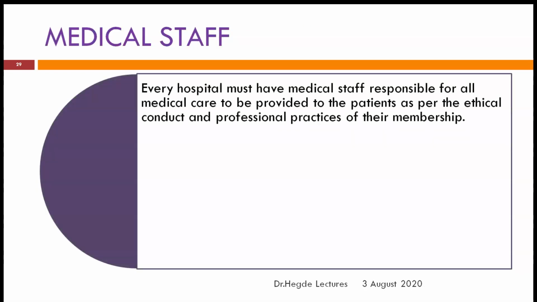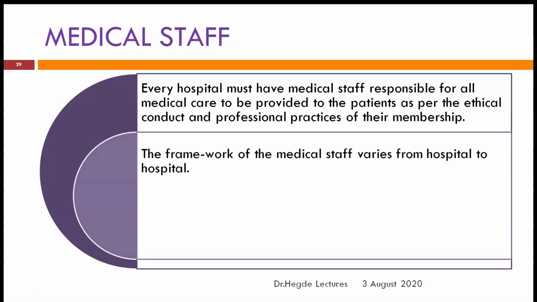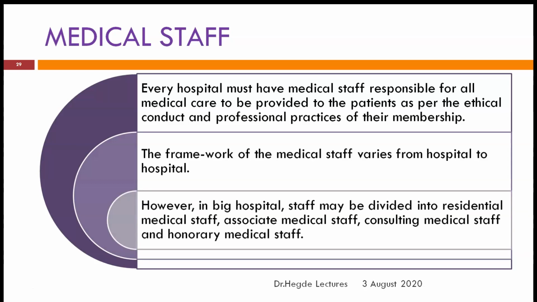Now, coming to the medical staff. Every hospital must have medical staff responsible for all medical care to be provided to the patients as per the ethical conduct and professional practices of their membership. The framework of medical staff varies from hospital to hospital. However, in big hospitals, staff may be divided into residential medical staff, associate medical staff, consulting medical staff, and honorary medical staff.